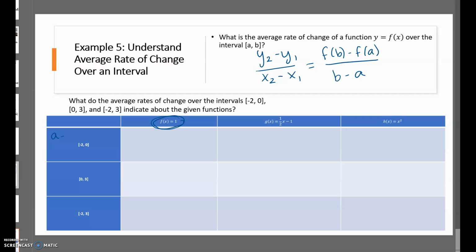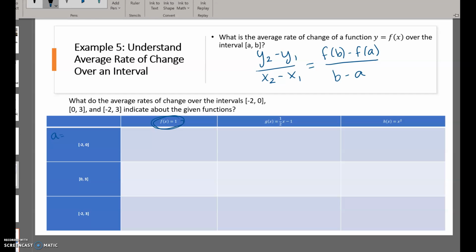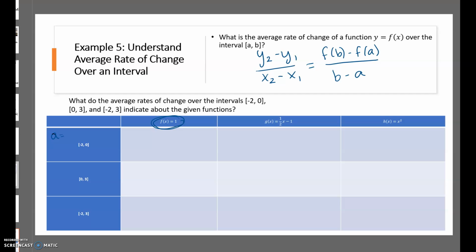So a would be -2 and b would be 0. So if we're following the function over here, we can do b minus a on the bottom. We know what those are. So b is 0 and then minus a, which is -2.